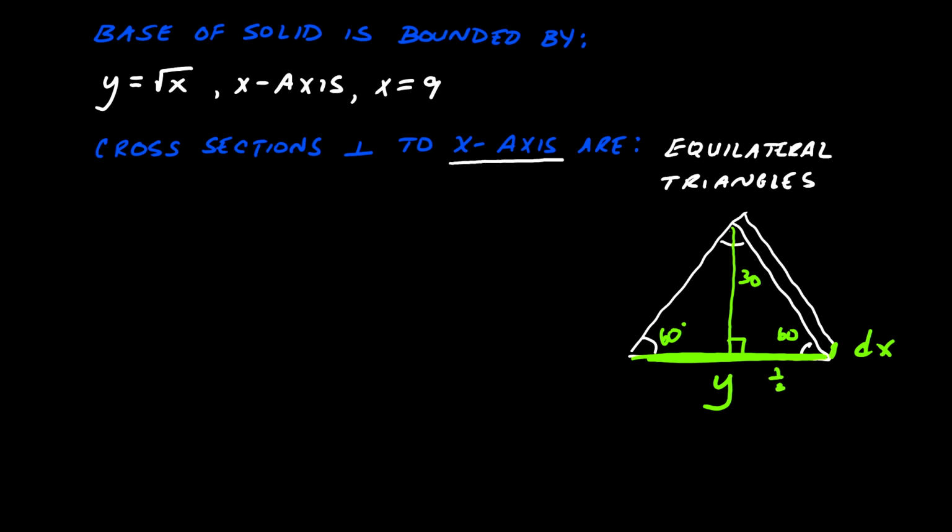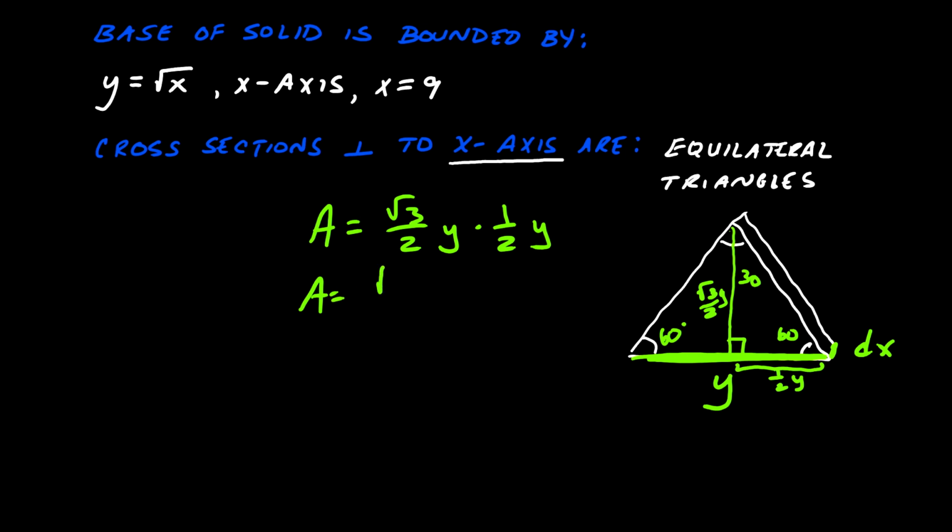So across from the 30, we'll have half y, just for that little piece there. Our altitude will be root 3 over 2 y. So the area will be equal to root 3 over 2 y times 1/2 y, which is going to simplify to root 3 over 4 y squared. Again, it's a fraction of the square.